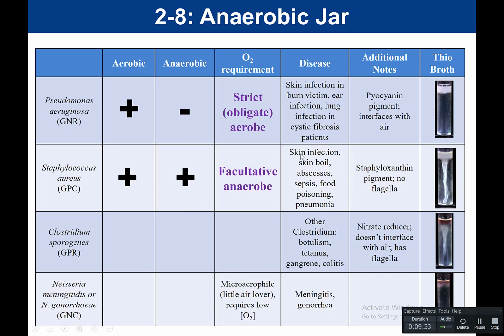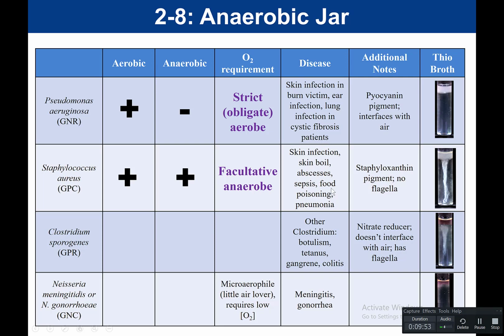In terms of diseases that are associated with Staph aureus, we have various skin infections, skin boils, abscesses, necrotizing fasciitis, which is flesh-eating disease, sepsis, so blood-borne disease. It's actually a common cause of food poisoning.